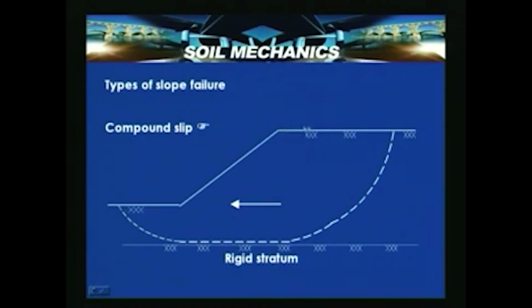When this takes place, there will be some settlement here, and because of this, when the failure takes place, there will be heaving of soil here. In this portion, the soil will be subjected to compression, like the way we conducted the triaxial test to get soil properties.